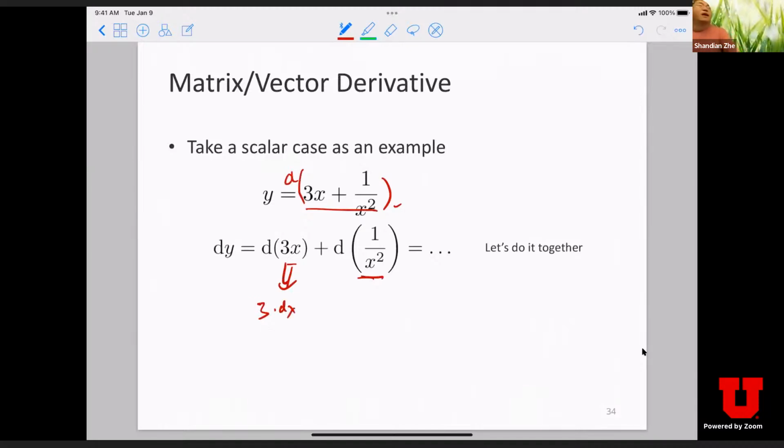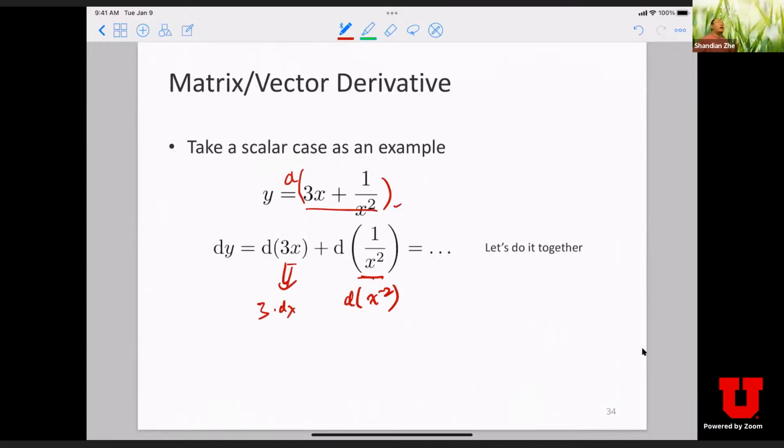And how about this one? Yeah, we're gonna have to recall some rules we have used before, at least we were familiar with before. So this essentially is d of x to the power of -2.